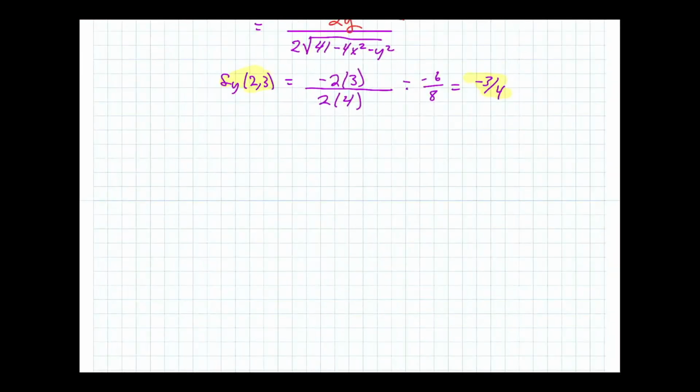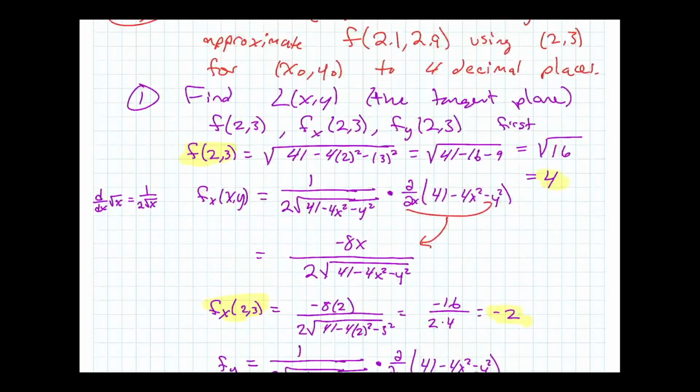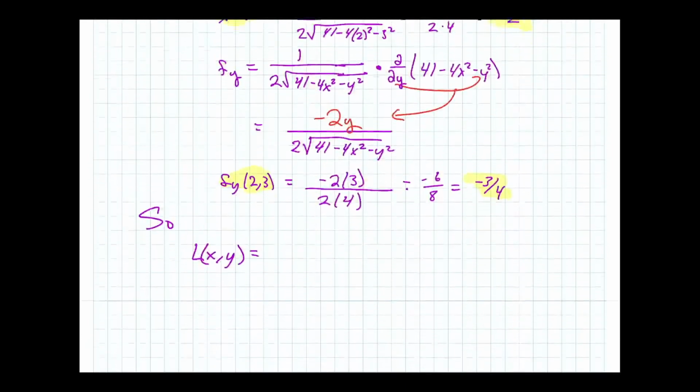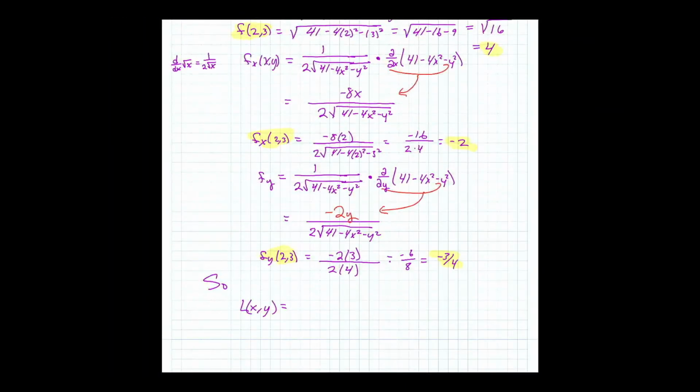So let's do that. L of xy is, I don't want to write out the formula again because I'm tired of writing out the formula. I'm just going to put in the numbers. So it was f of xy, which is 4, plus, in this case, minus 2 times x minus x naught.